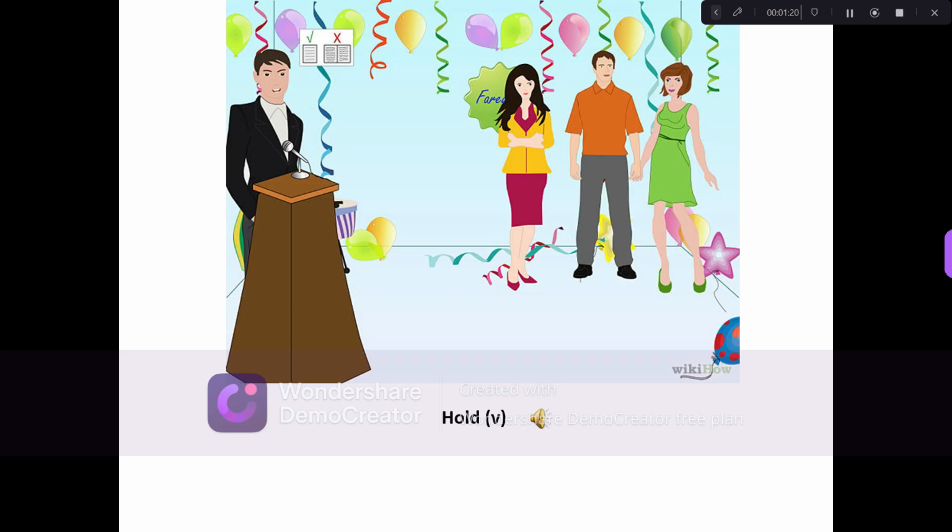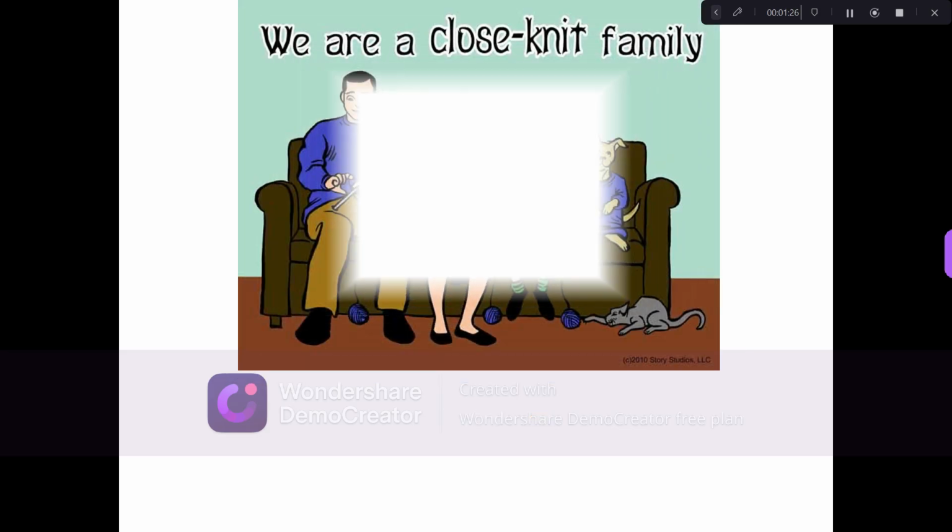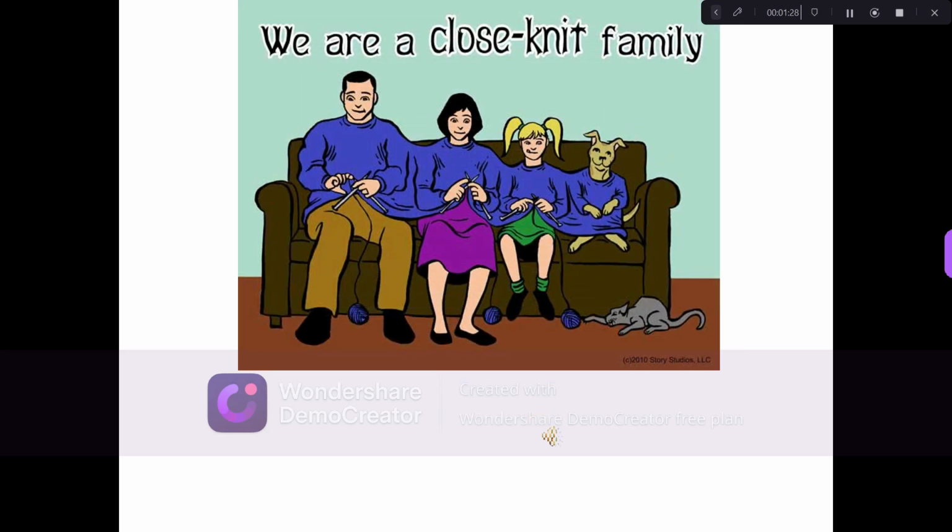Hold. Hold is to start something or to plan to do something. Close-knit. A close-knit family is a type of family whose members live together.